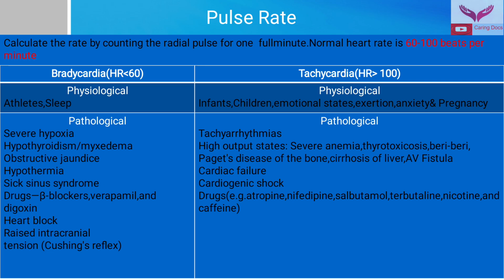Pathological causes are tachyarrhythmias, high output states like severe anemia, thyrotoxicosis, beriberi, Paget's disease of bone, cirrhosis of the liver, AV fistula. Tachycardia is also seen in patients with cardiac failure, cardiogenic shock, and patients who are on drugs like atropine, nifedipine, salbutamol, terbutaline, nicotine, and caffeine.